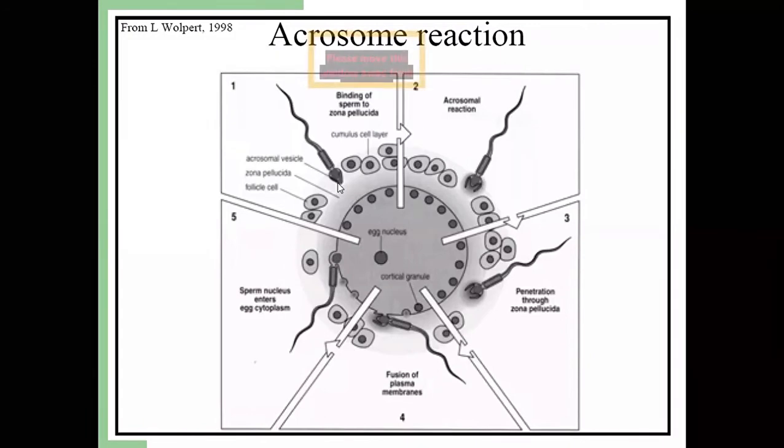And after that, there'll be pellucidal reaction, and it will be impenetrable to other cells. Okay, and you will now have the fusion of the egg nucleus and the sperm nucleus, and you will now have fertilization. Next slide.